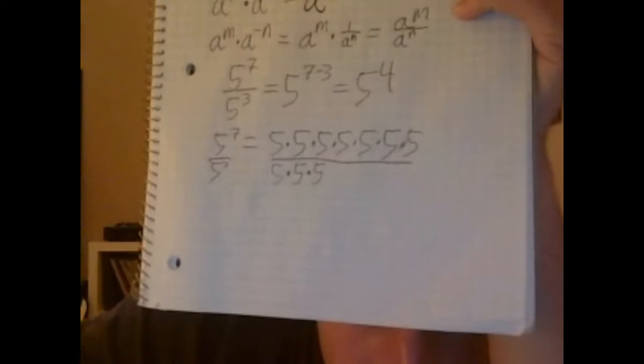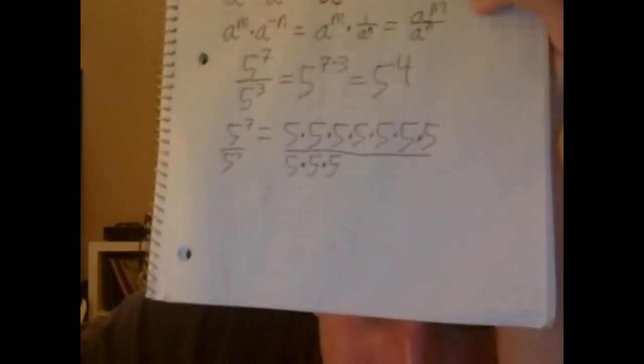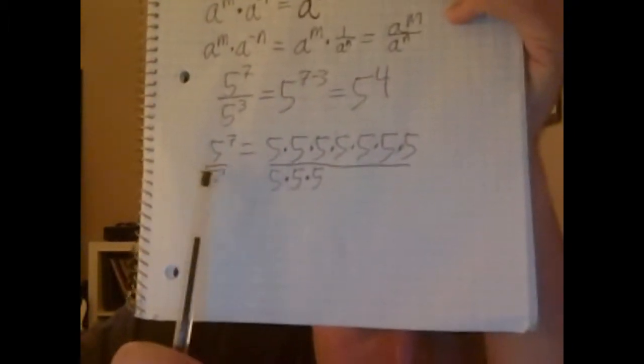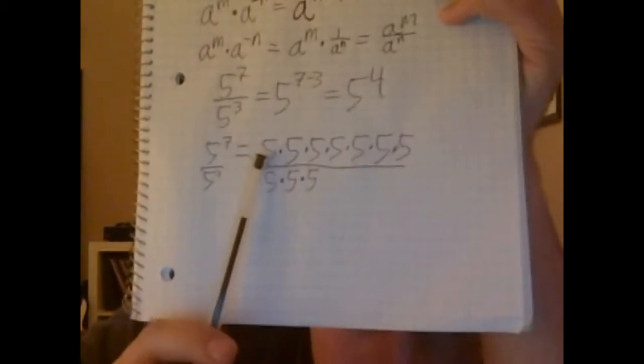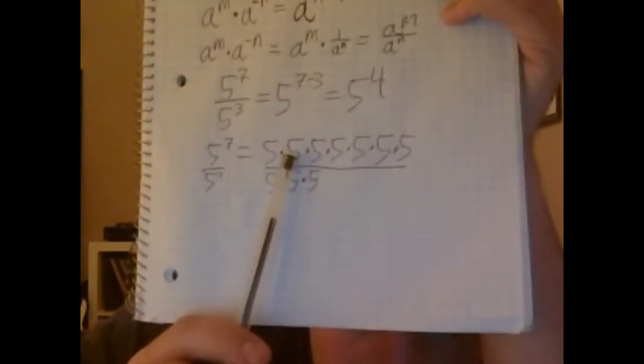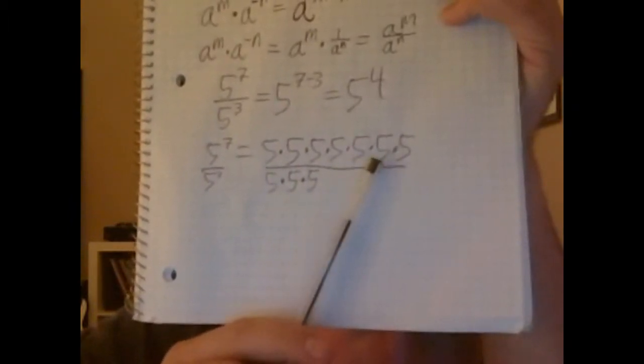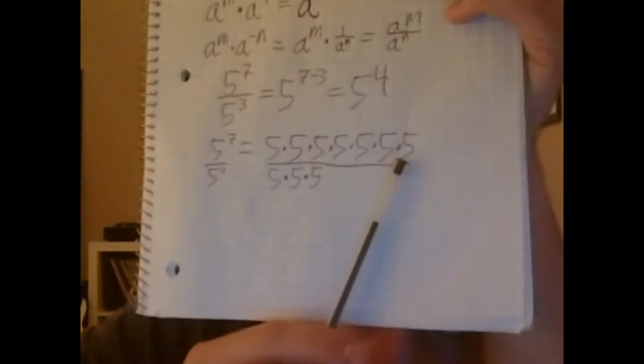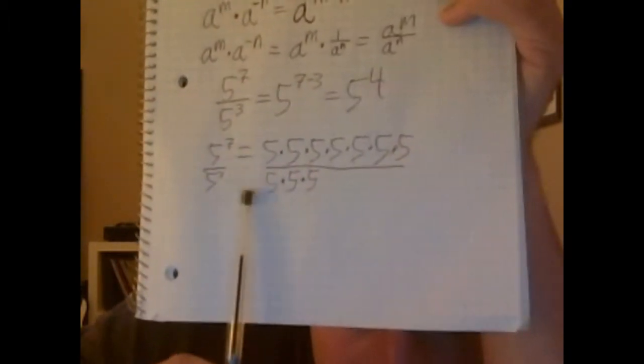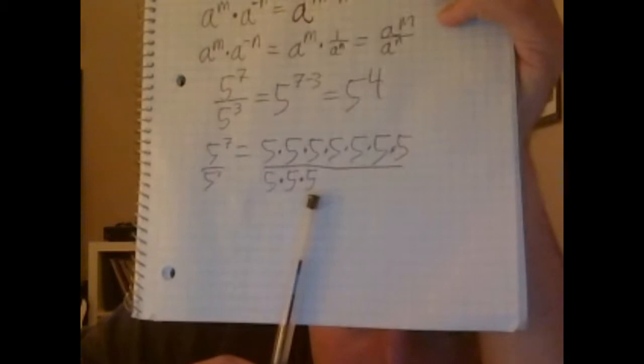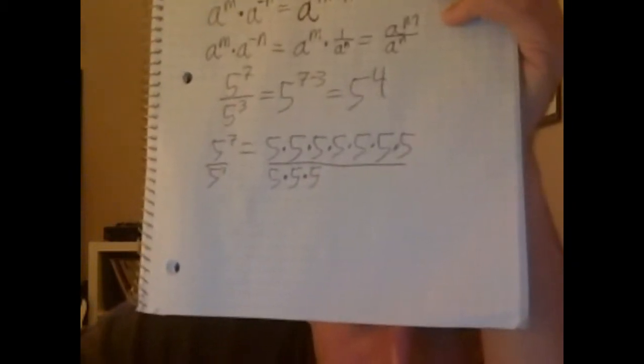So now I want to show you this intermediary step that proves the rule. 5 to the 7th is 7 fives, 1, 2, 3, 4, 5, 6, 7 fives all multiplied by each other. 5 to the 3rd is 1, 2, 3 fives all multiplied by each other.